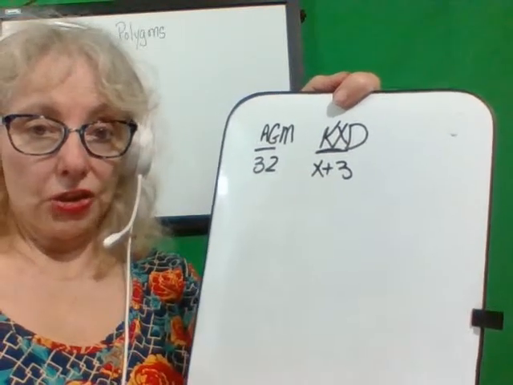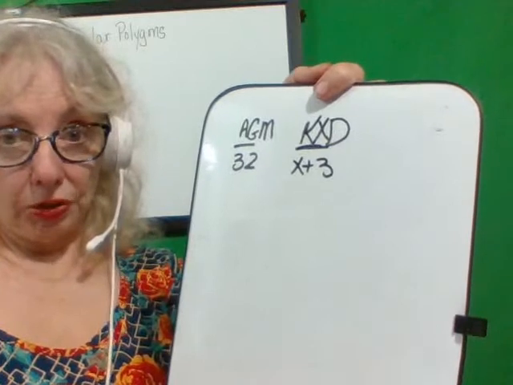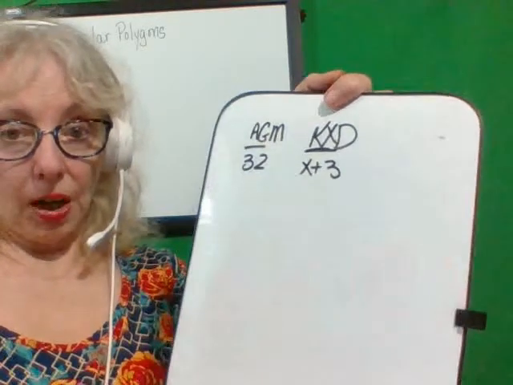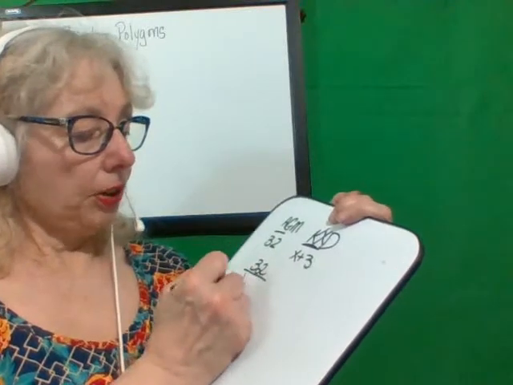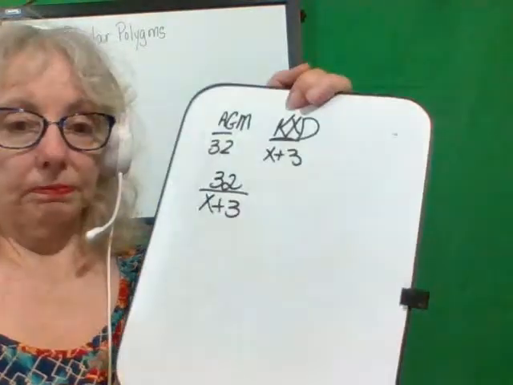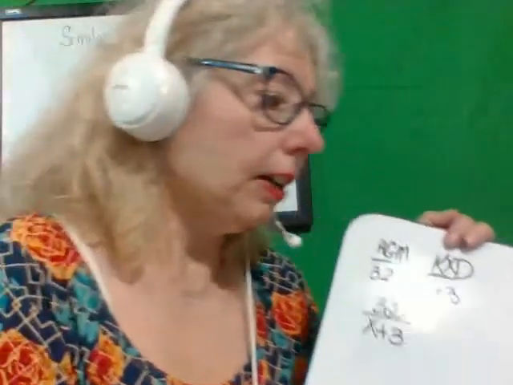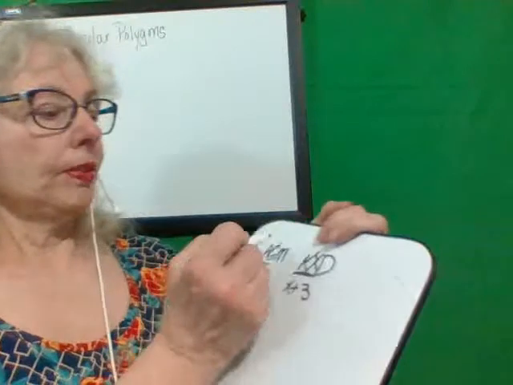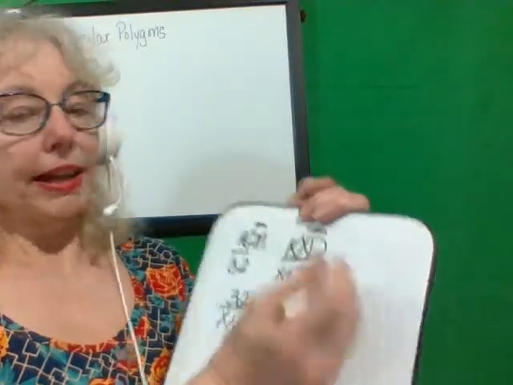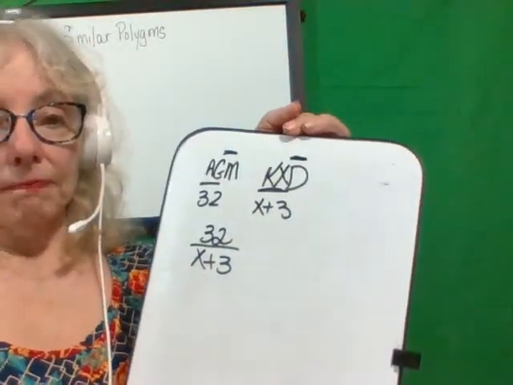I know that AG has to be proportional to KX. So I'm going to have 32 over x plus 3. Now, the other side that we're going to deal with is G to M. G to M has to match with X to D. G to M is 36.